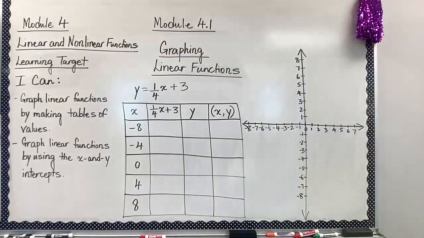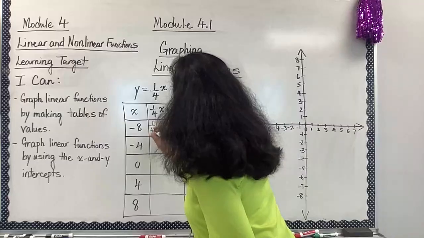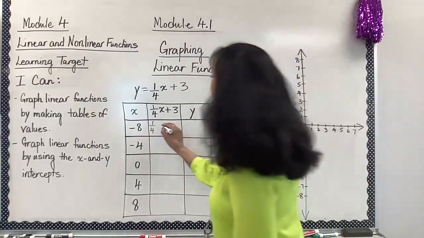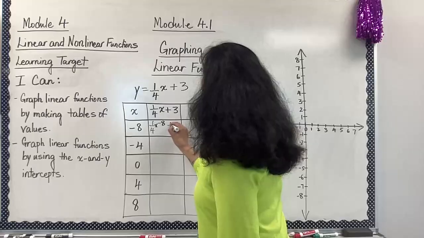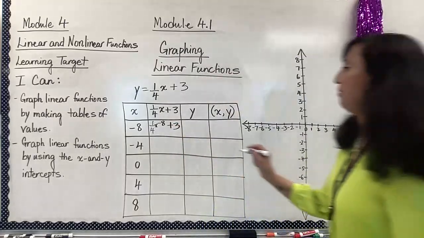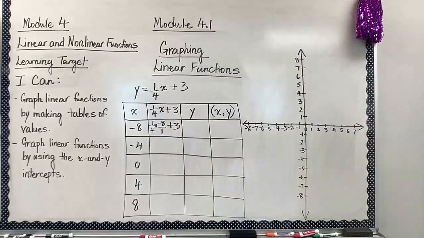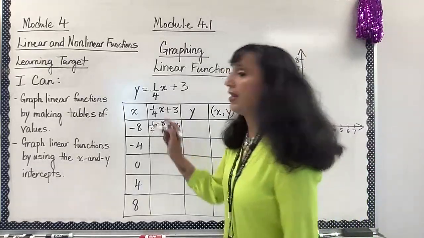Okay, so now let's look at this. We are going to replace the first one. We are going to say 1/4 times, what is the first one? It is negative 8. So times negative 8 plus 3. And so this is what I was saying. Now, if I have this like this over 1, I can simplify, right? And so what is a negative divided by positive?